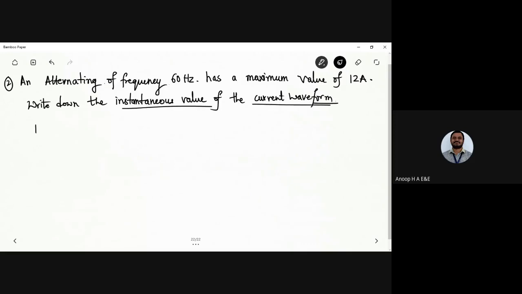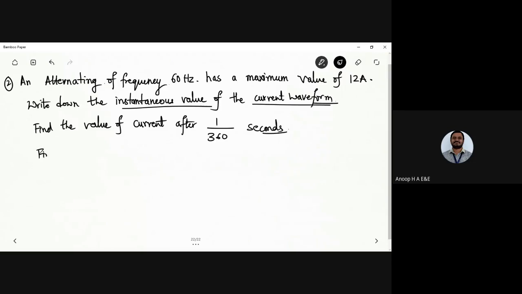Okay, next, find the value of current after 1 divided by 360 seconds.